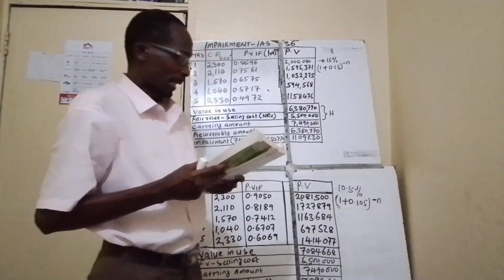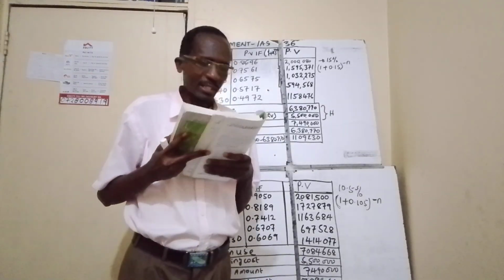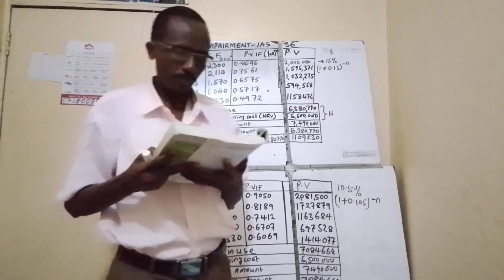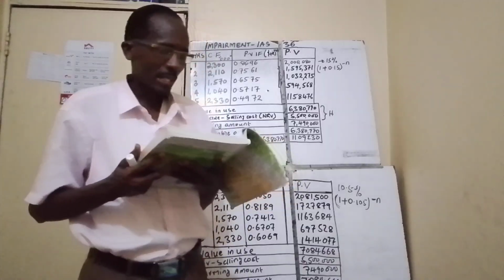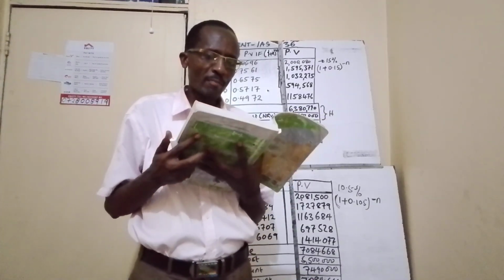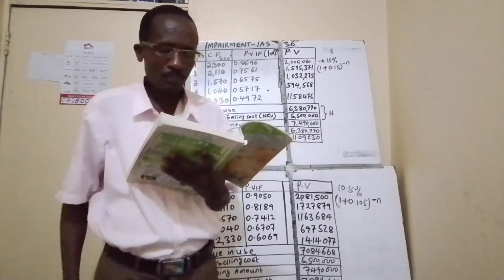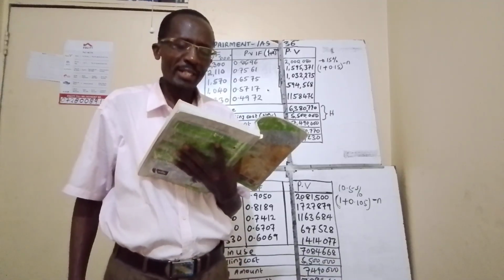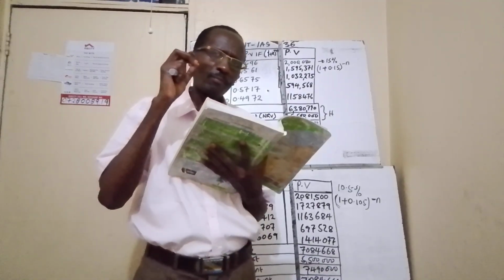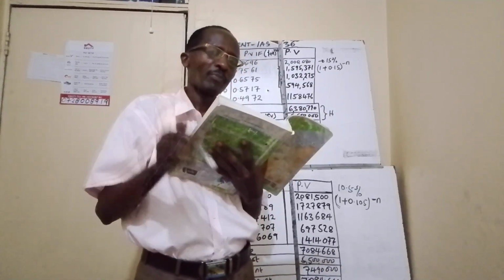Now, ABC Limited, I've just presented the question there to you, but let me read again. ABC Limited owns a manufacturing plant with a carrying value of shillings 7,490,000. Carrying value means the net book value.